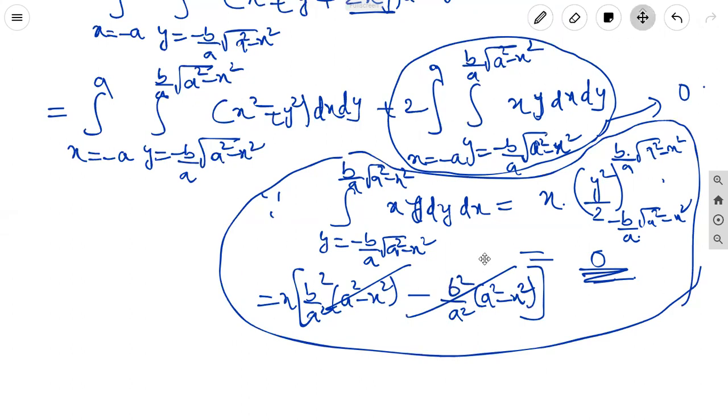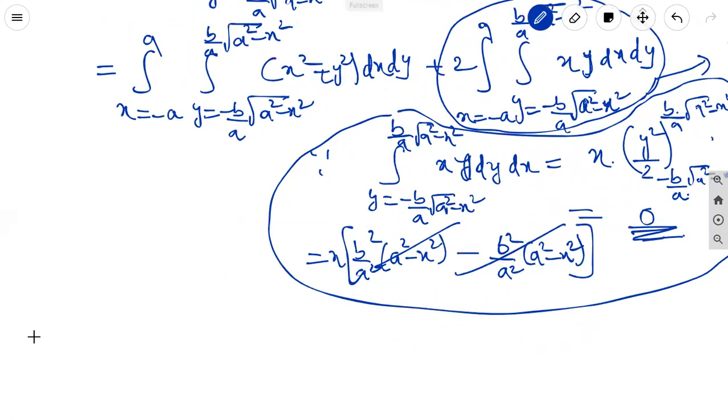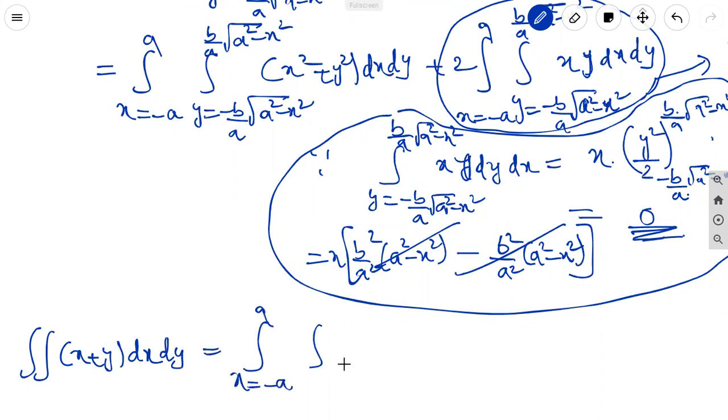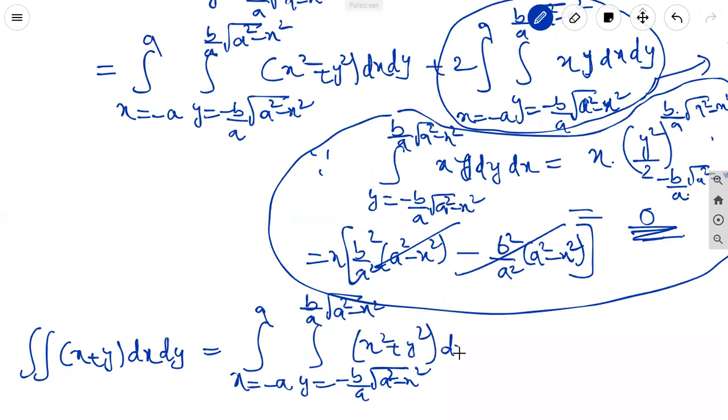We are left with only the integration of (x plus y) whole square dx dy, which is equal to the integral x equal to minus a to a, integral y equal to minus b by a under root of a square minus x square to b by a under root of a square minus x square, of x square plus y square dx dy.